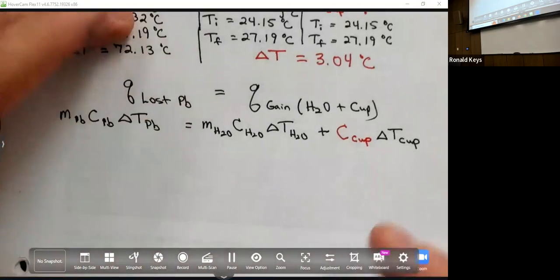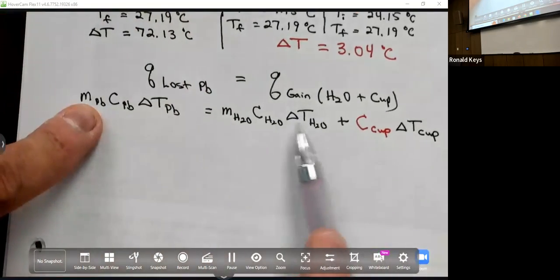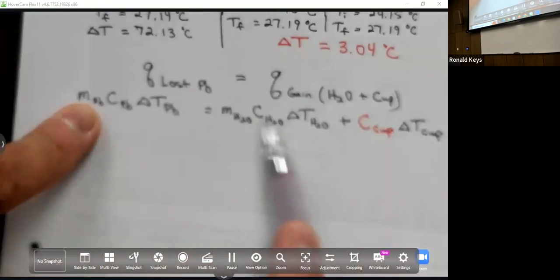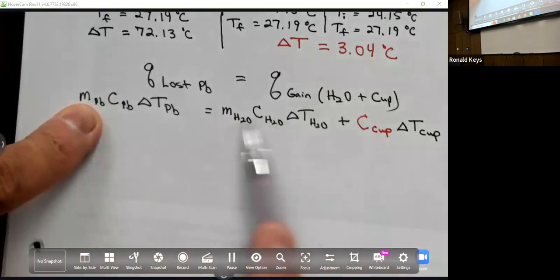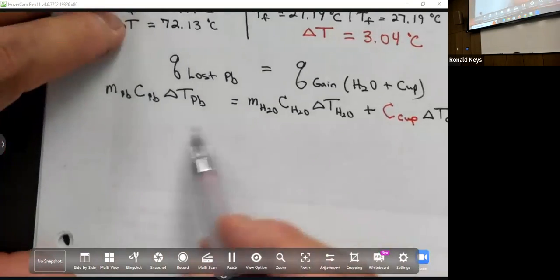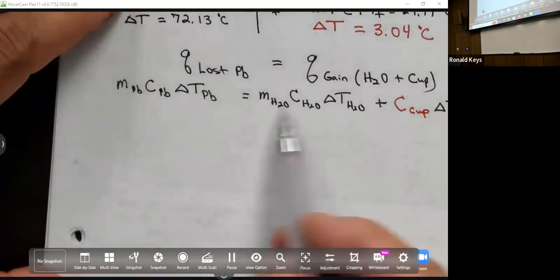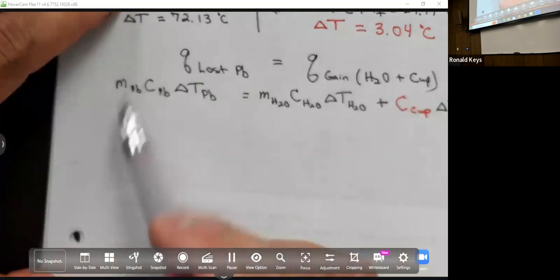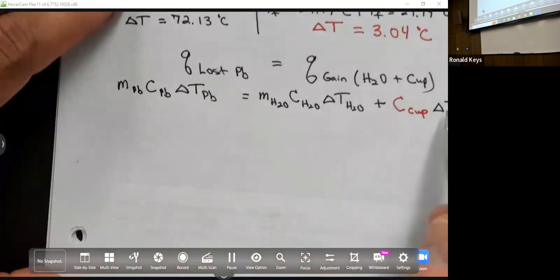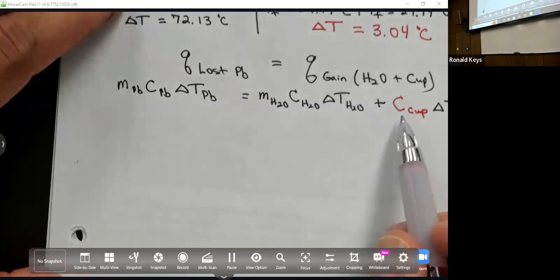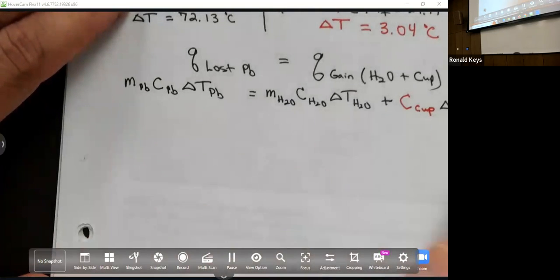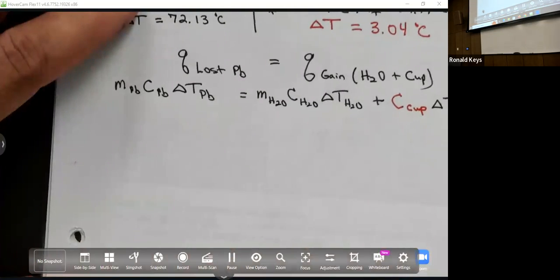No, we're going to solve it this way. We can subtract this from both sides, right? Let's just do that. Subtract this from both sides and don't plug in your numbers yet. So if we subtract this from both sides, then we can get that and just divide by the change in temperature of the cup. We've got it. So let's stick our numbers in last. It's a lot easier to solve it and then stick your numbers in.